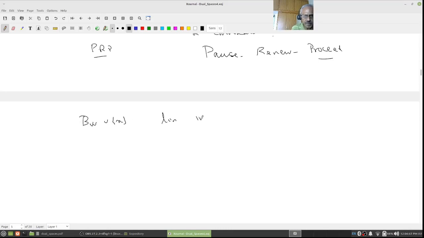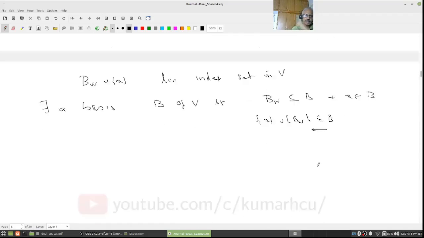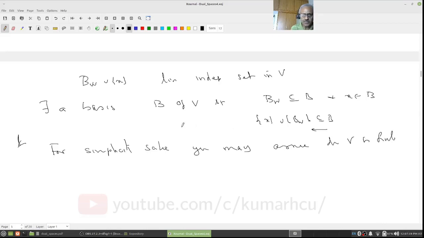This is a linearly independent set in V. Therefore there exists a basis B of V so that B_W is contained in B and x also belongs to B. That is, singleton x union B_W is contained in B. Again this is true for the infinite dimensional case, and by using Zorn's lemma one would have proved it, but if you don't want, for simplicity's sake you may assume the dimension of V is finite. Then you know all these things.